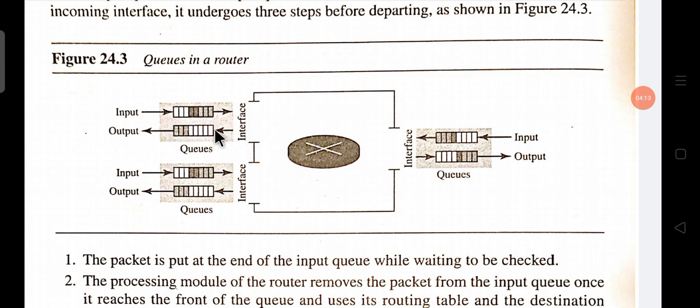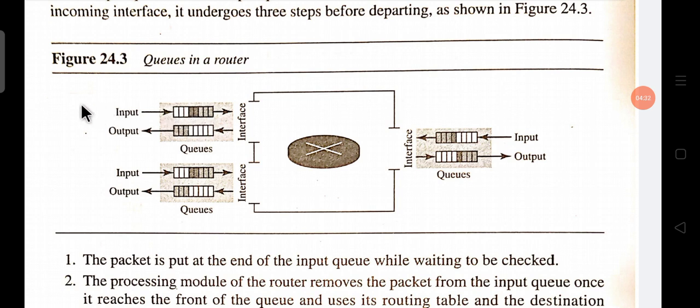Every interface has one input queue and one output queue, which is a buffer, or a fixed memory allocated for input and output.